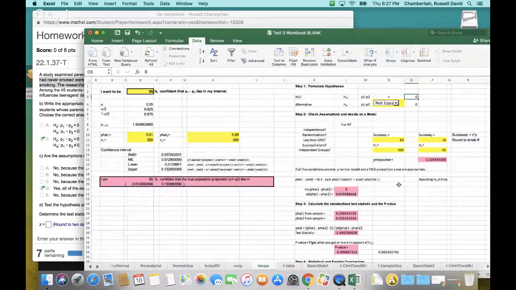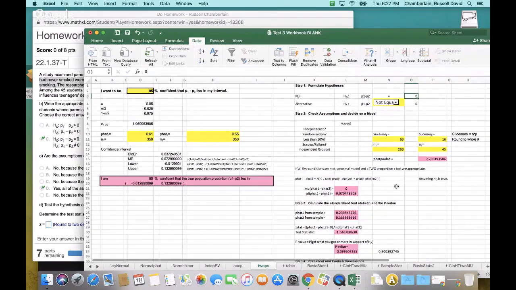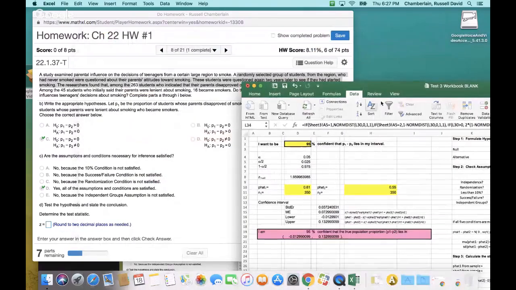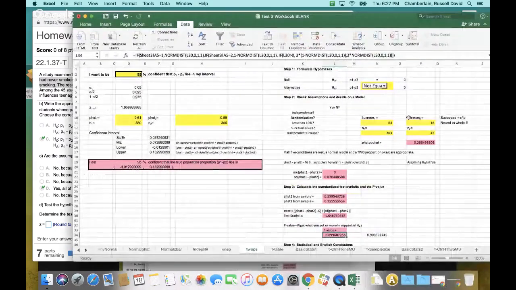Believe it or not, we're done already. There you go. The P-value is almost 10%. Now we want to determine the test statistic.